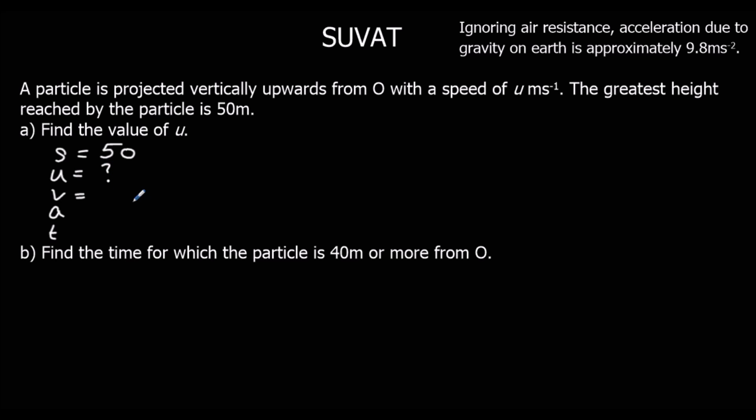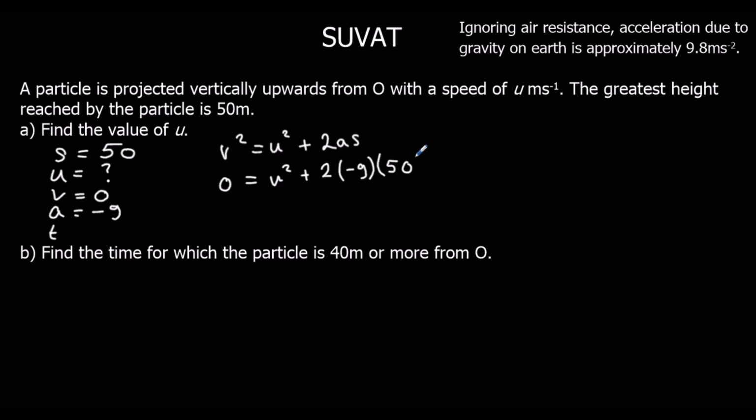At the maximum height, so the greatest height, v is 0, and a is negative g. So we want the equation without t in it. So v squared equals u squared plus 2as. So substituting in, we've got 0 equals u squared plus 2 times negative g times 50.